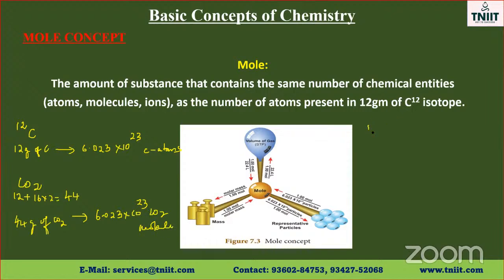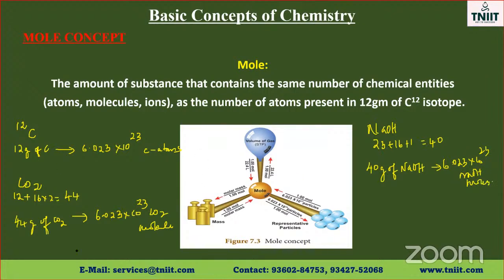Now, if you take sodium hydroxide, in which the atomic mass of sodium is 23, oxygen is 16, and hydrogen is 1, the molecular mass is 40. So 40 grams of sodium hydroxide also contains 6.023 into 10 power 23 sodium hydroxide molecules.